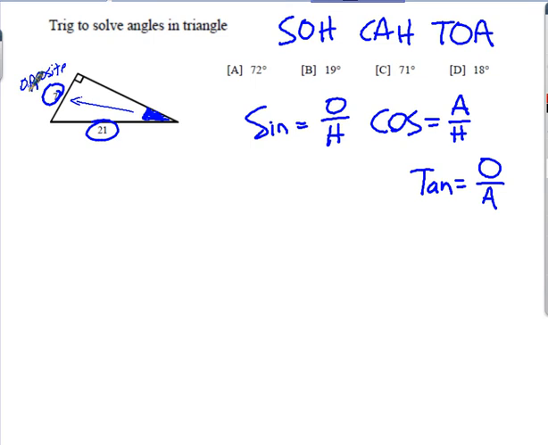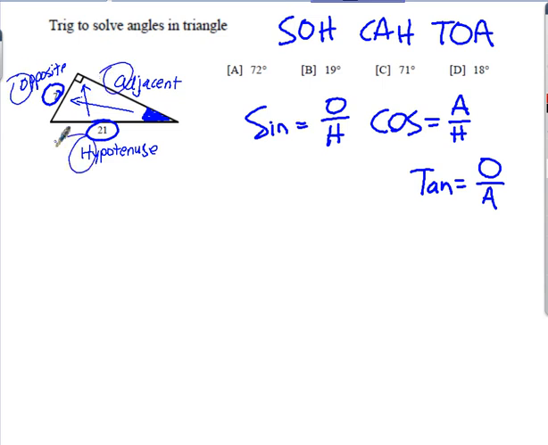The adjacent is going to be the one next to it, and you might say, well, there's two of them. Here's an adjacent, and the other one is an adjacent side as well. But this one is adjacent, but it's going to be called the hypotenuse because it is directly across from the right angle.